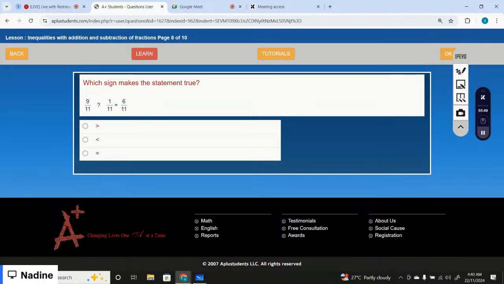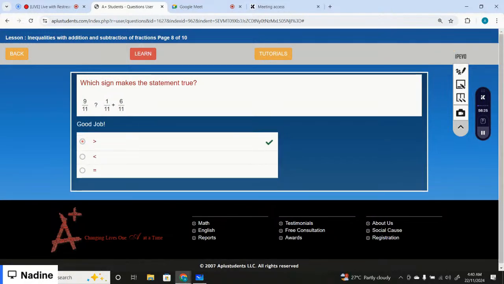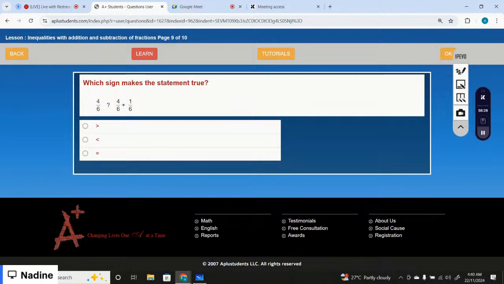Which is the correct option? 9 over 11 is greater than 7 over 11. Option number 1 is the correct option.